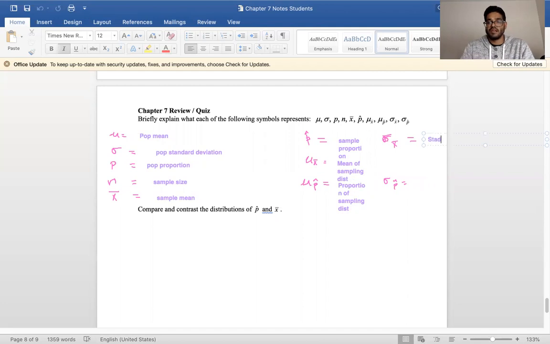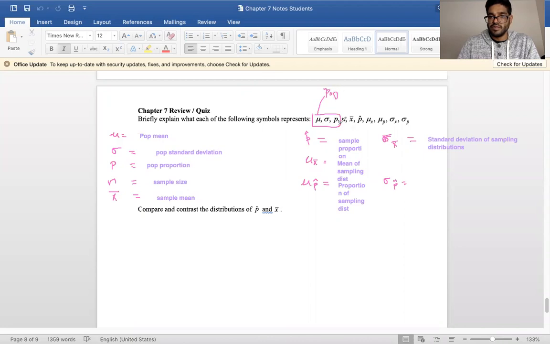Your last two are the standard deviations of the sampling distributions. Another way to summarize this: your first three here are all population.